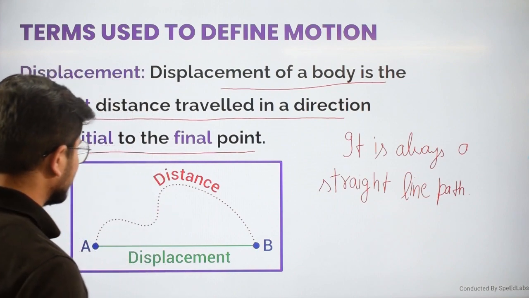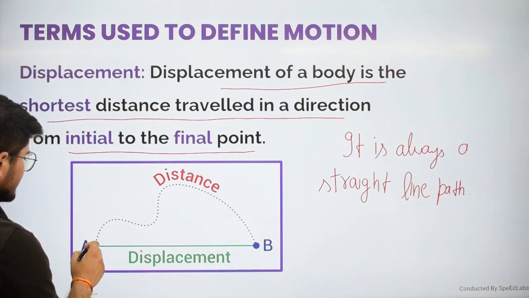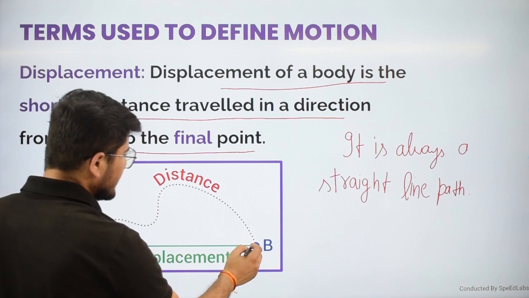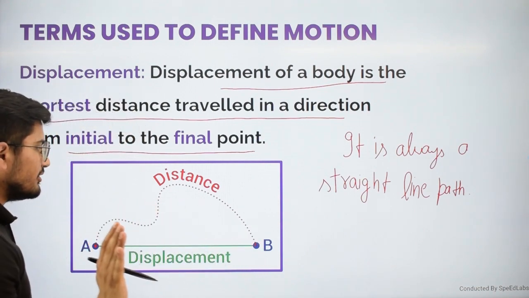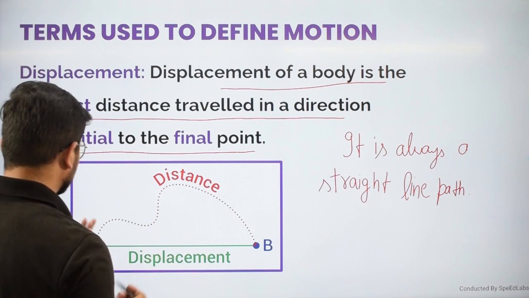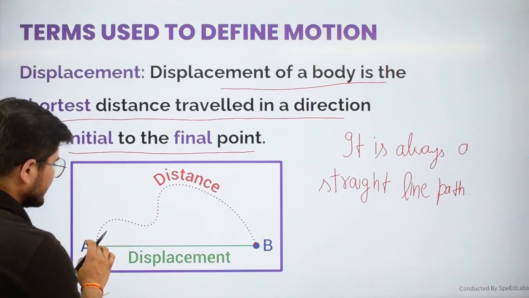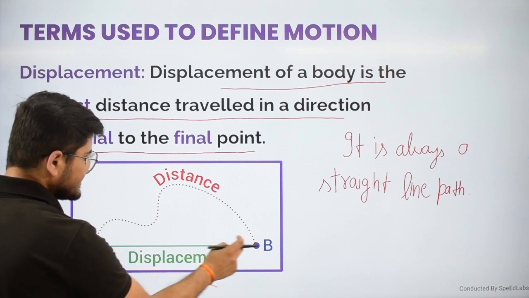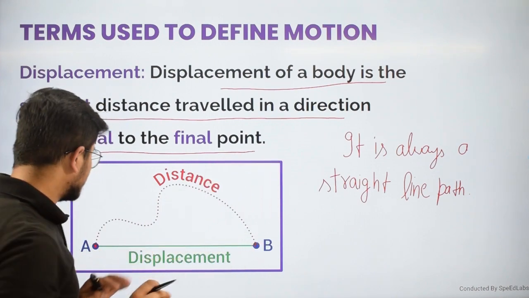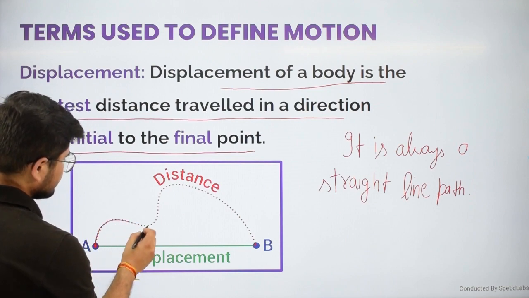So in this picture, you can see this is a point A and this is a point B. So this is also a distance, no doubt, actual path length. Suppose a body goes from point A to B, it can go like this in a straight path. Yes, it can also go like this.